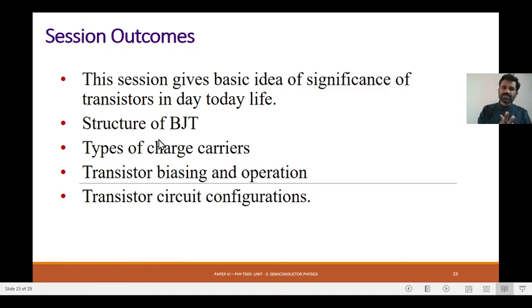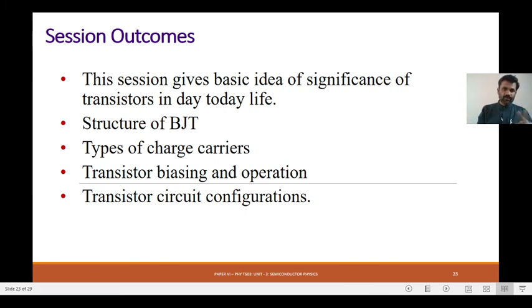The doping concentration of the emitter is huge, of the base is very light, and of the collector is moderate. The thickness of the emitter is moderate, the base is very thin, and the collector is very large. And there are two types of charge carriers.